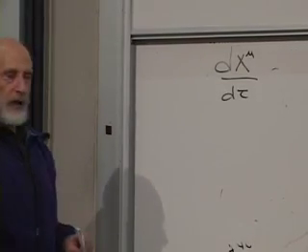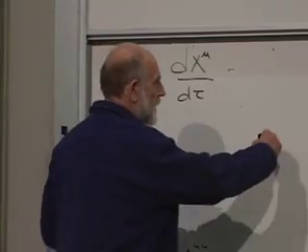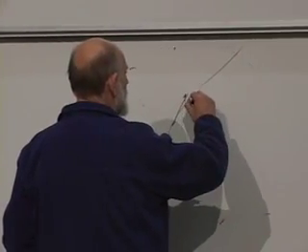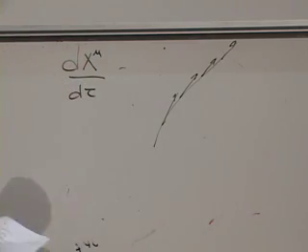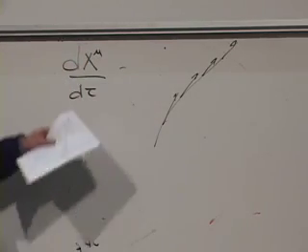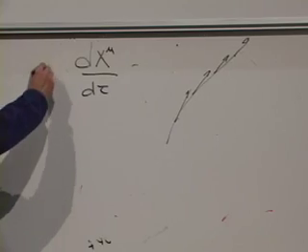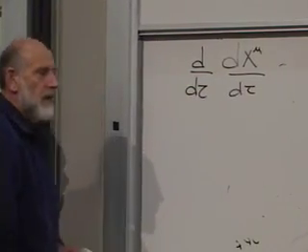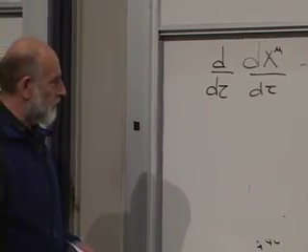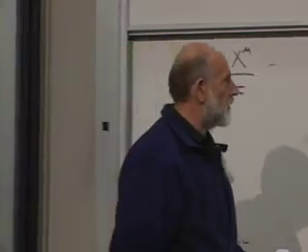And to differentiate it with respect to tau, now we have a tangent vector. Along the curve, the tangent vector is doing whatever it's doing. And now we're asking how the tangent vector changes as we move from point to point. Well, that's another derivative with respect to tau. But that's not the covariant derivative of the tangent vector. The covariant derivative of the tangent vector involves the Christoffel symbol.